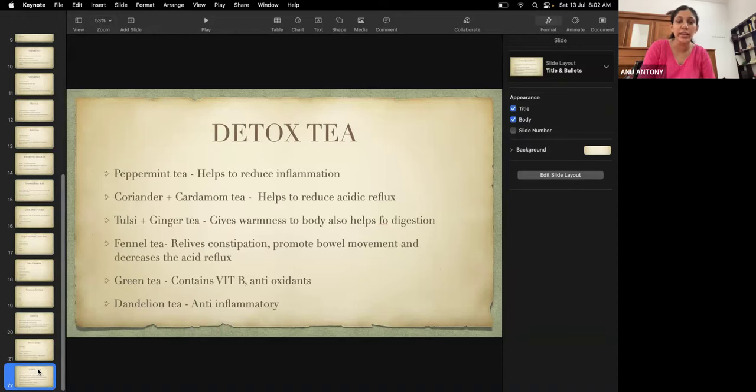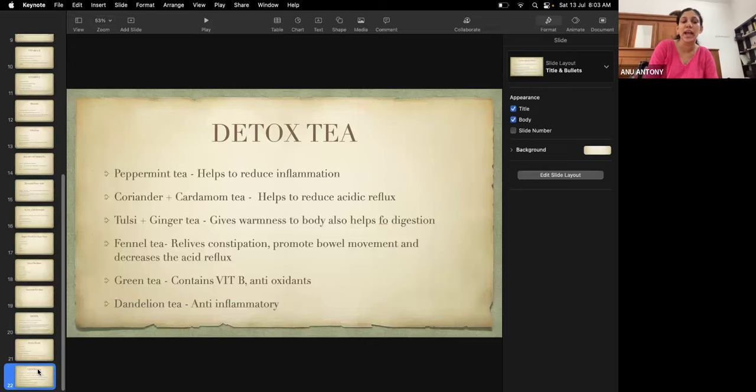Second, coming to detox tea: fennel seeds tea or cardamom and coriander tea, something warm, helps in the easy metabolism of fats. So you have to categorize like that.